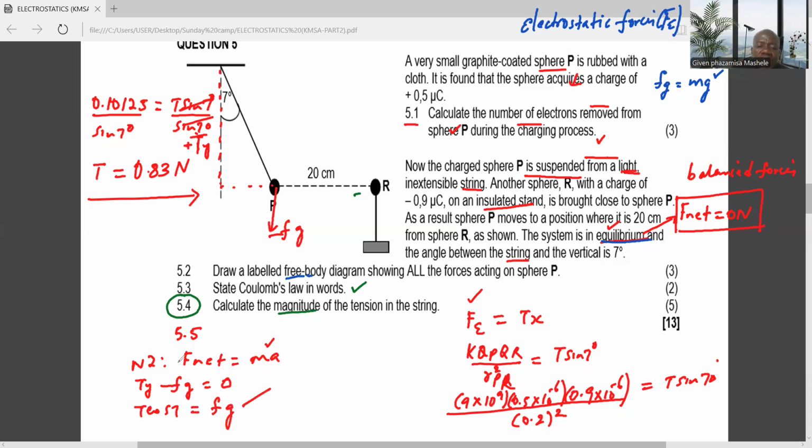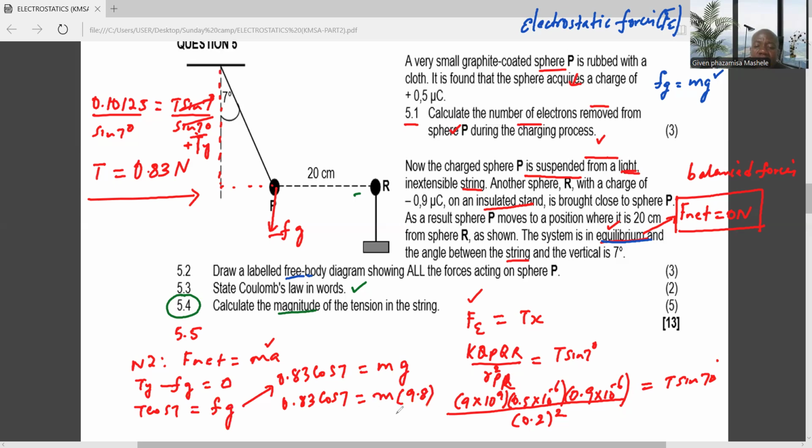Now we know the tension, so 0.83 cos of 7 equals the force of gravity, which is mass multiplied by gravitational acceleration. We do not know the mass, but we know gravitational acceleration is 9.8.